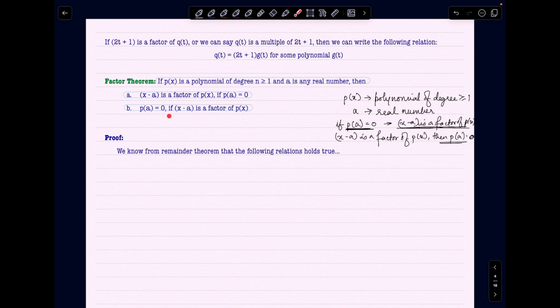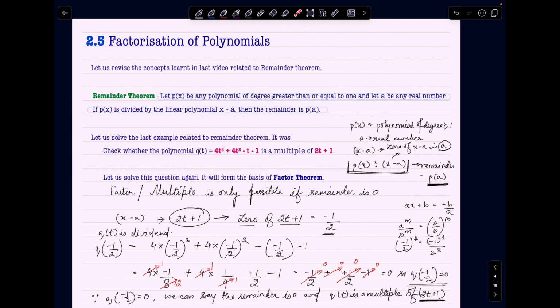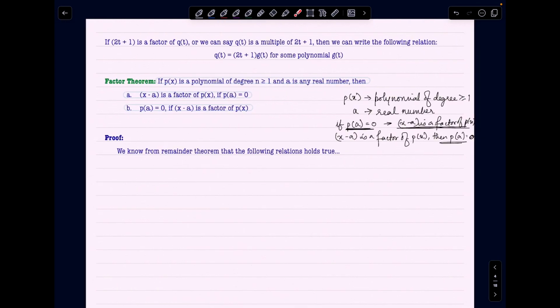Or we are saying that if x minus a is a factor of p(x), p(a) equals 0. Understood? So this is the remainder theorem. P(a) is the remainder from the remainder theorem. That means if the remainder is 0, x minus a is a factor of p(x). You got my point?